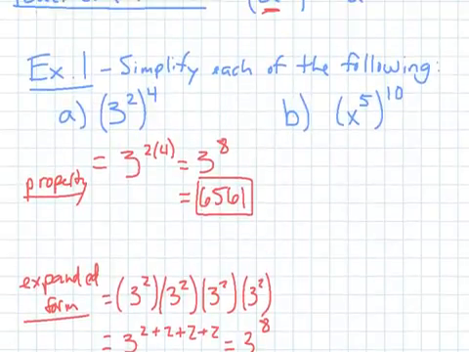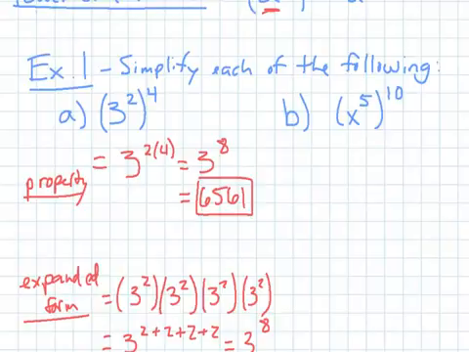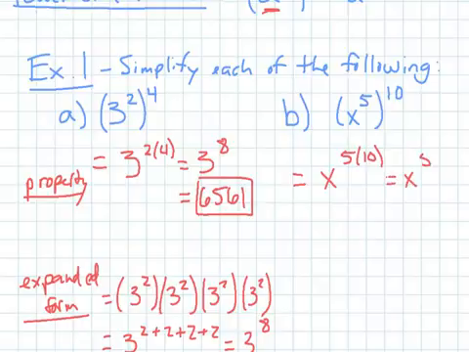Okay? Letter B is doing the same thing with your x to the 5th, except x to the 5th to the 10th, you're multiplying the 5 times the 10. That gives you x to the 50th. And that would be your answer.